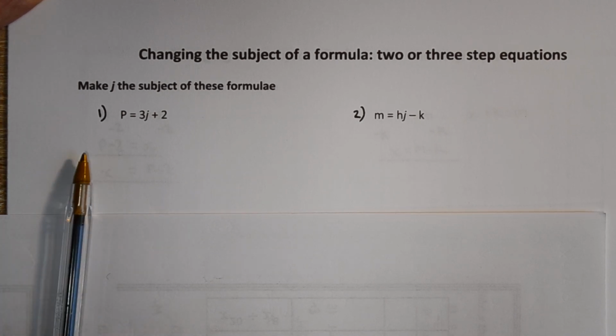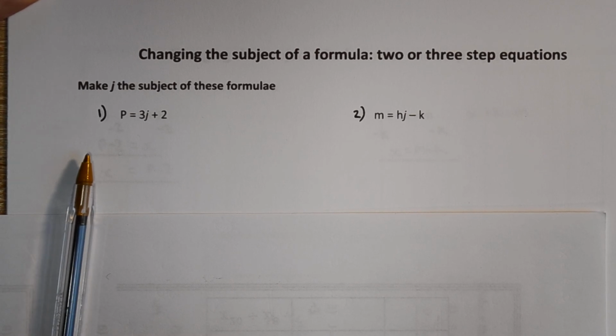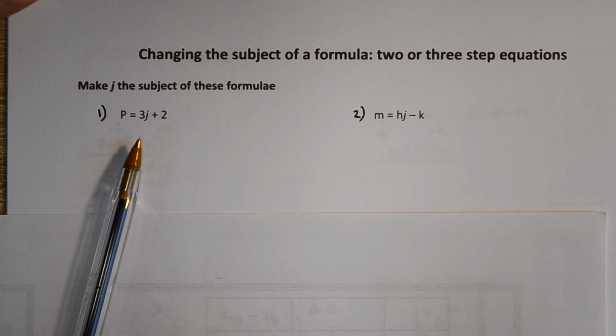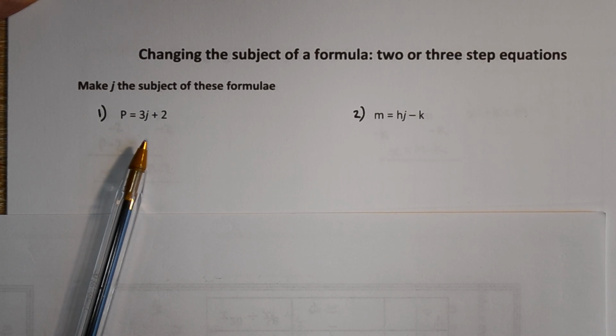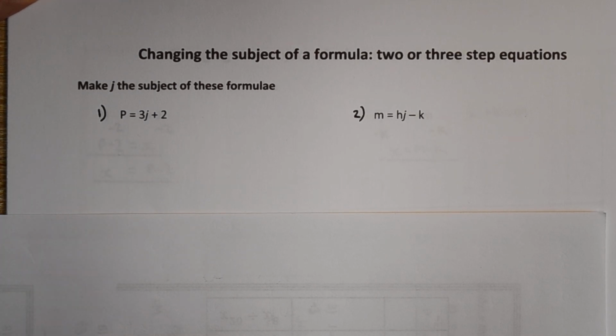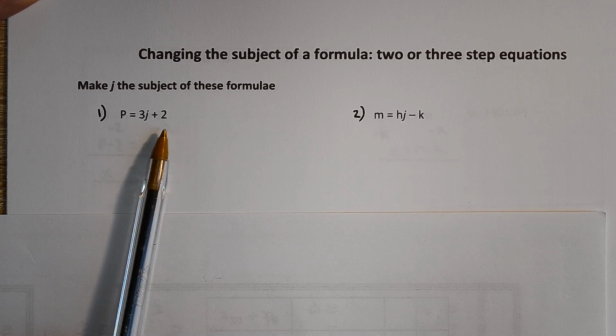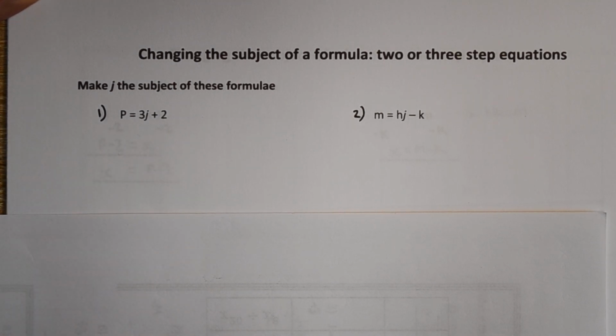So for our first one, we've got this formula which tells us that we get P by multiplying J by 3 and adding 2. Now you can think, if somebody told you to guess your number, and you're told that they multiplied their number by 3 and then added 2, and their answer was, say, 23, you'd do the reverse of what they said.